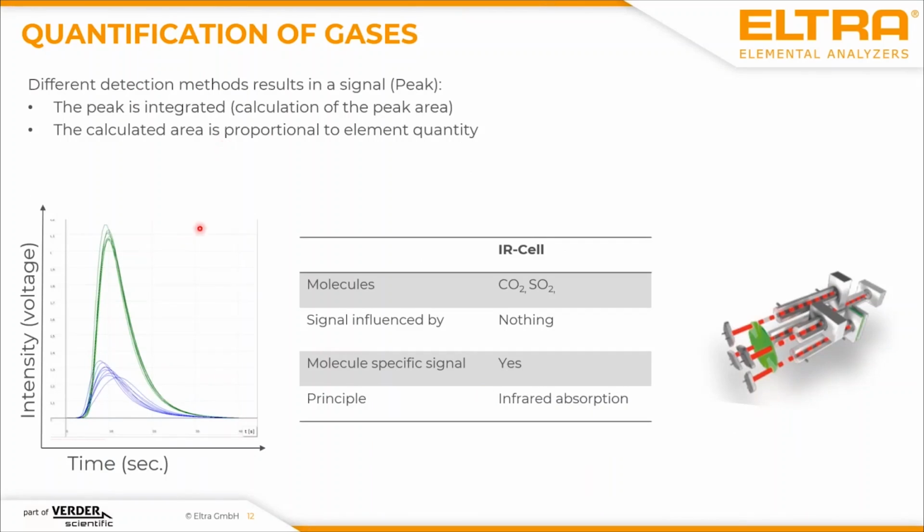Here you see a typical signal you get in the detector. So you get one signal for carbon and one signal for sulfur. In fact, if you have the fully equipped instrument, you have 4 detectors, 2 for sulfur, 2 for carbon.